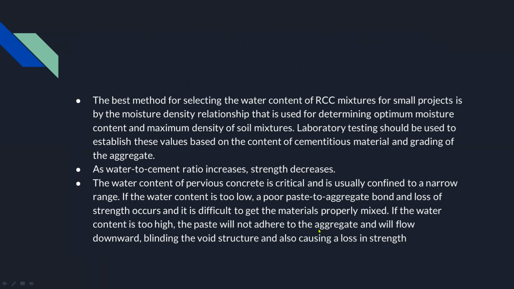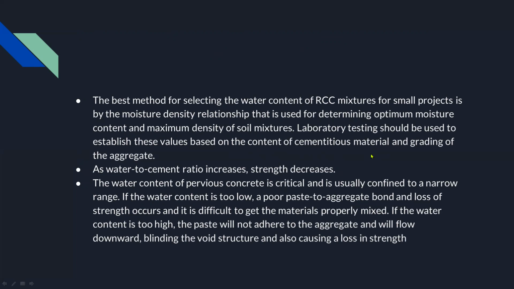The best method for selecting the water content of RCC mixtures for small projects is by the moisture density relationship that is used for determining optimum moisture content and maximum density of soil mixtures. Laboratory testing should be used to establish these values based on the content of cementitious material and grading of the aggregate. As water to cement ratio increases, strength decreases.